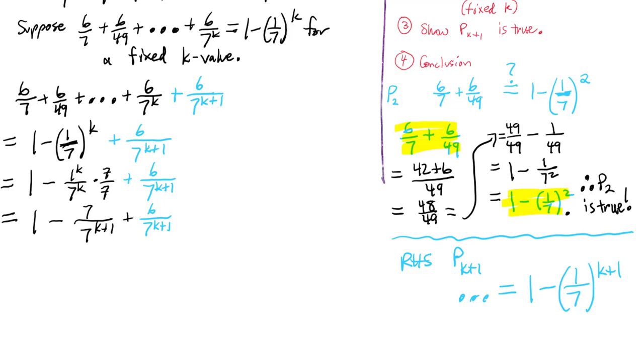If we collect like terms, we now have 1 minus 1/7 to the k plus 1, because -7 plus 6 is -1.